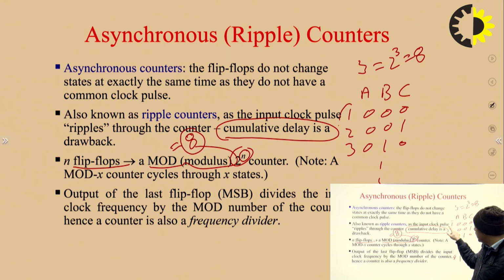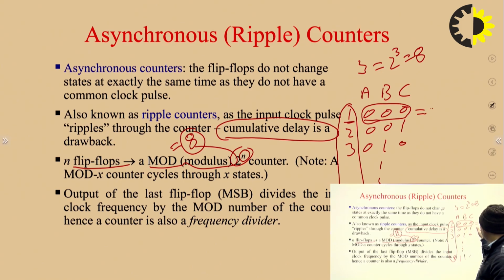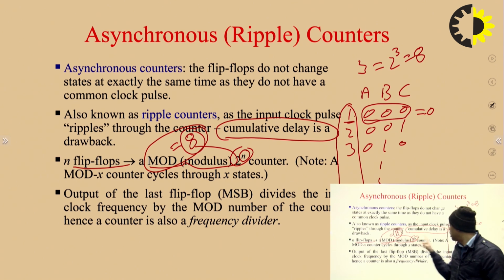The state starts from the first, and the first one is 0 0 0, whose decimal equivalent is 0, equal to state number 1. So the decimal output is from 0 to 7 only, but the state is from 1 to 8 only.